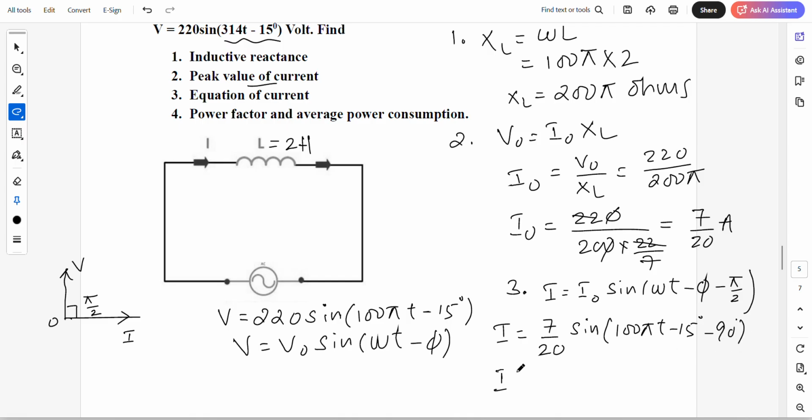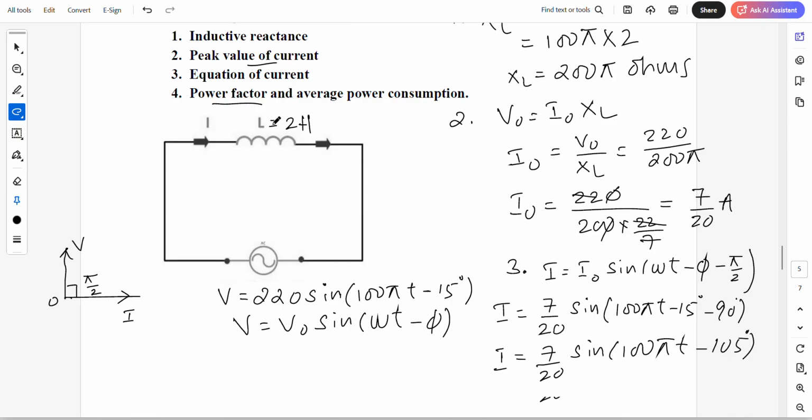I is equal to 7 by 20 sine of 100 pi t minus 105 degree. Hope you understood this. The equation of current is I is equal to 7 by 20 sine of 100 pi t minus 105 degree, because current is lagging. Voltage is leading.